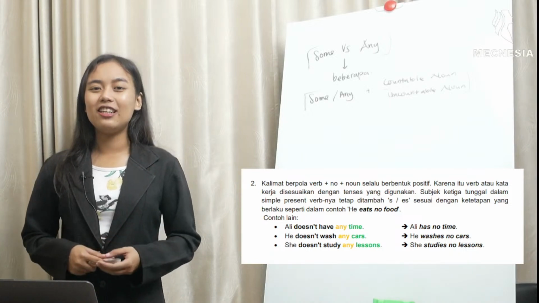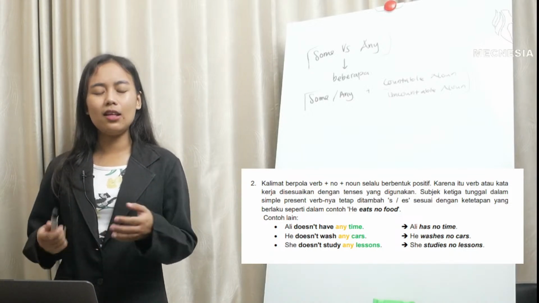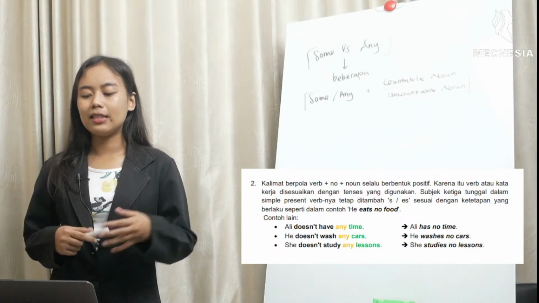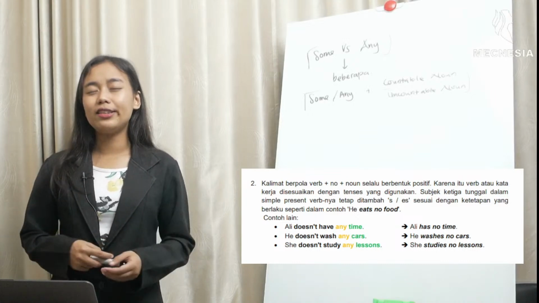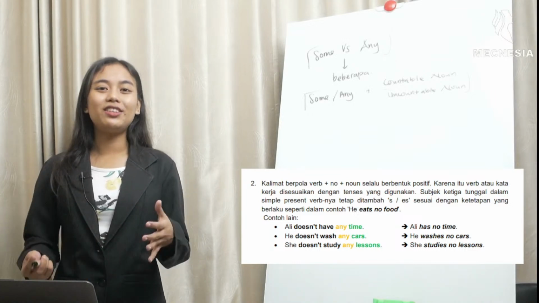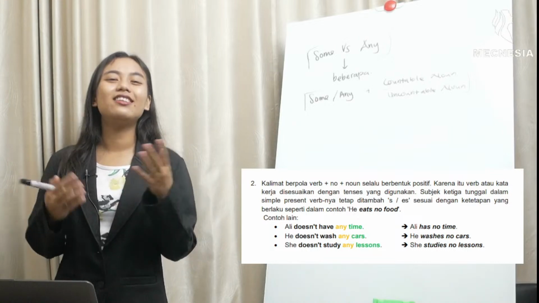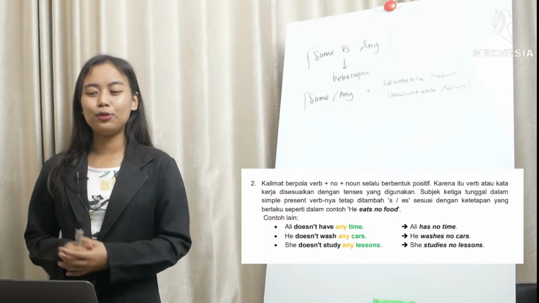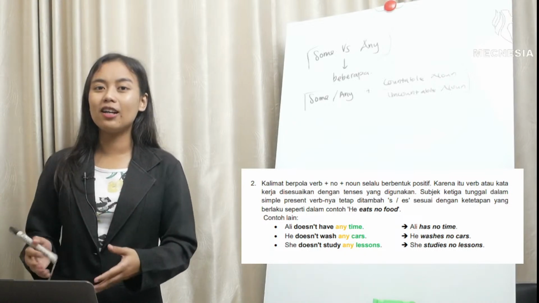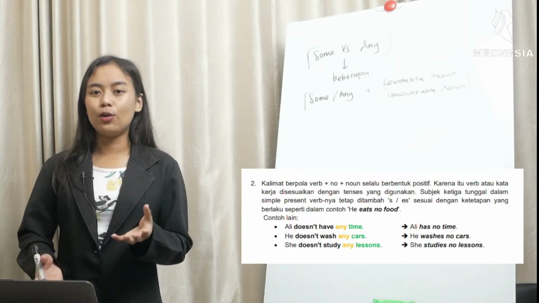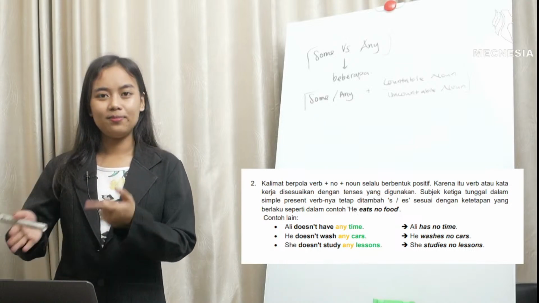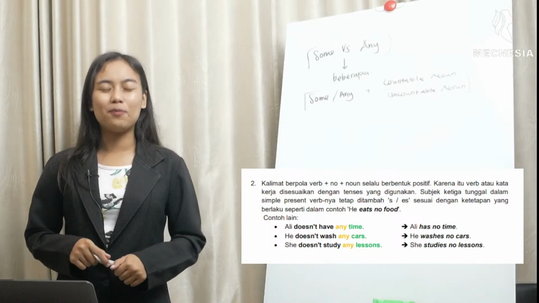Dia tidak belajar pelajaran apapun. She studies no lesson. Well, karena kalimat awalnya is in simple present, maka dari itu ketika kita ubah dengan pola verb no and then noun, dia juga menggunakan pola simple present.